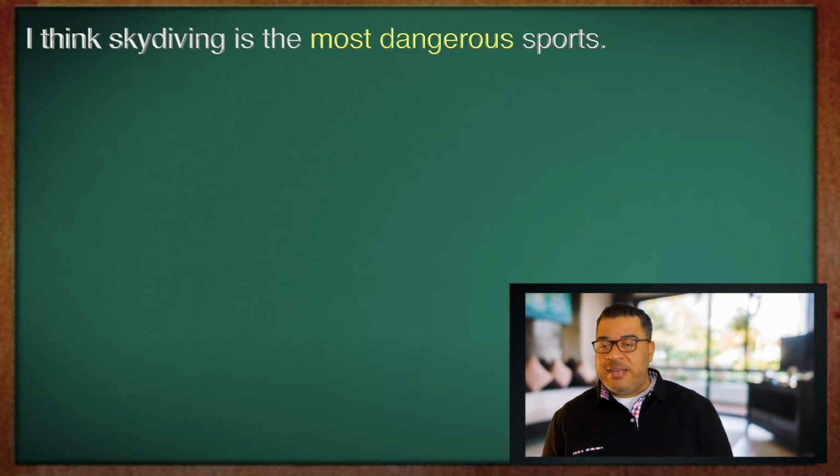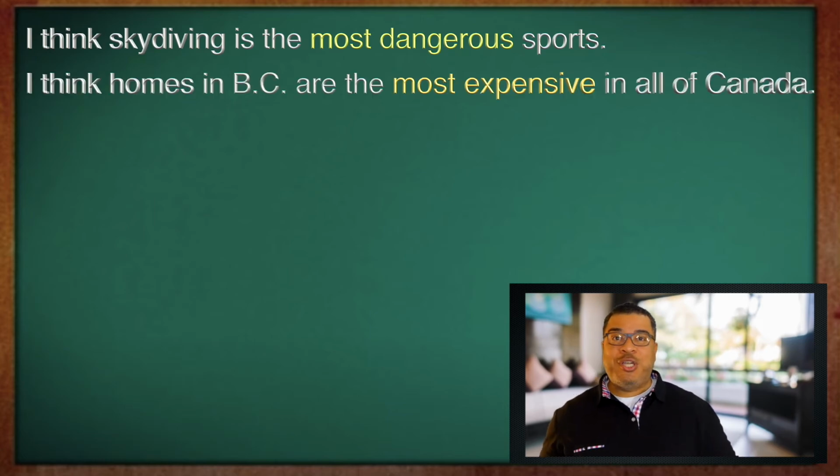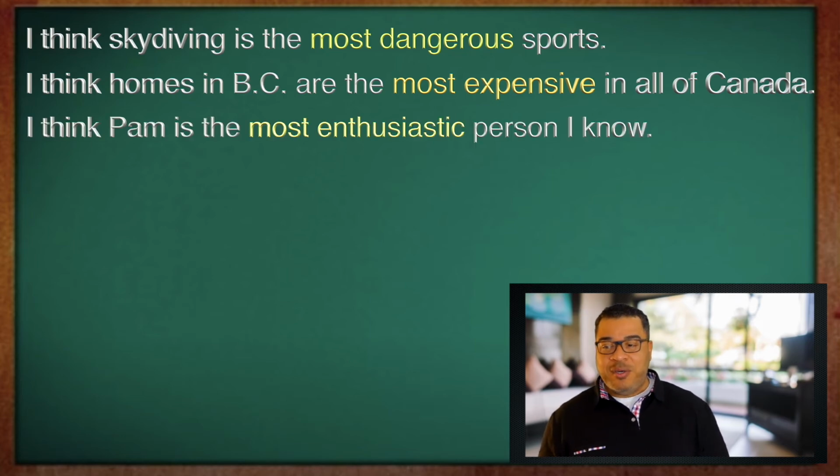Now, let's look at these words in sentences. I think skydiving is the most dangerous sport. Number 2, I think homes in British Columbia, Canada are the most expensive in all of Canada. Number 3, I think Pam is the most enthusiastic person I know.